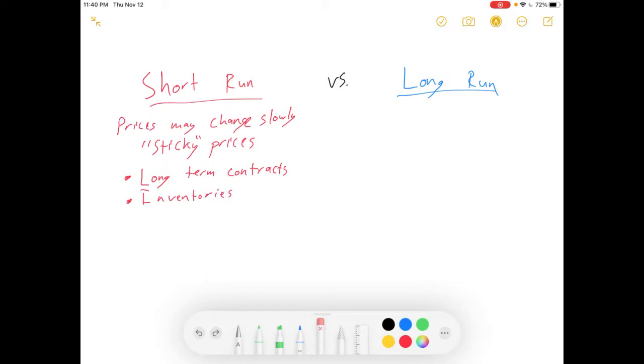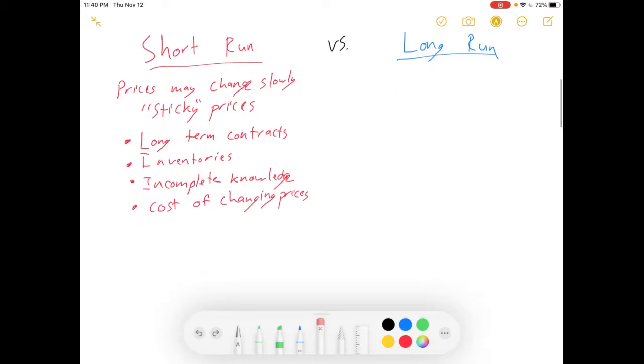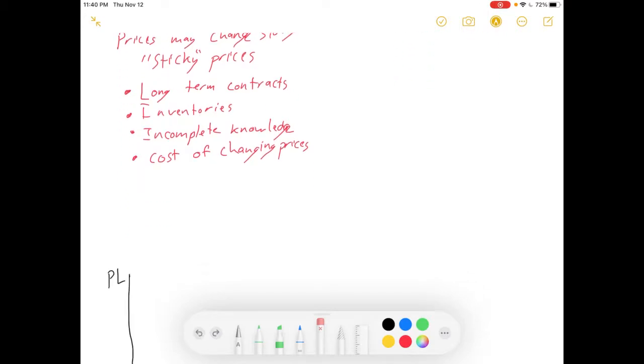Other reasons is inventories. They can build up or they can shrink, but they shield immediate production and prices from economic fluctuations. Incomplete knowledge, cost of changing prices, these are all things that can make our prices sticky or slow to change.